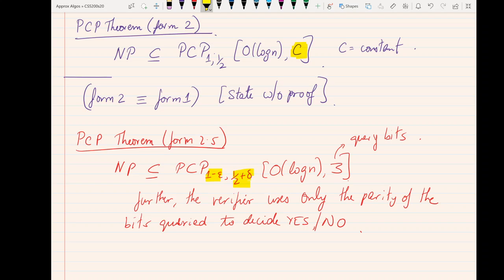We no longer have a differentiation between 1 minus 1 and something, and we'll see in a moment why the 1 minus epsilon is needed, but it is a difference between 1 minus epsilon and half plus delta. And I should quantify these constants, that there exists epsilon, delta which are constants such that this holds. Oh, I stand corrected. This holds for all epsilon, delta greater than 0 such that epsilon, delta are constants. Similarly, in the upper part, there exists a constant c greater than 0 such that the above holds.